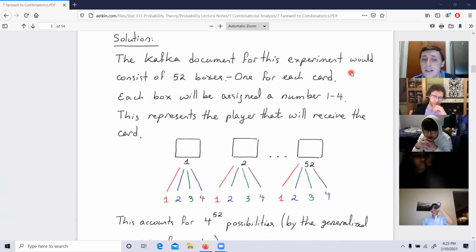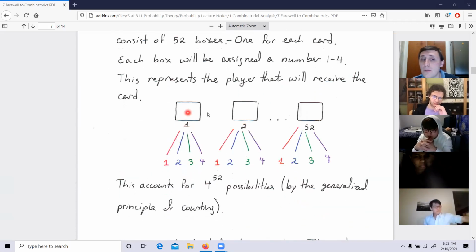So here is the situation. We have cards 1 through 52. My document will contain 52 boxes, and each box is assigned a number from 1 through 4. So if 1 is placed here, that means card 1 is assigned to player 1. You see? So by the multiplication principle, we have 4 to the power of 52 possibilities.